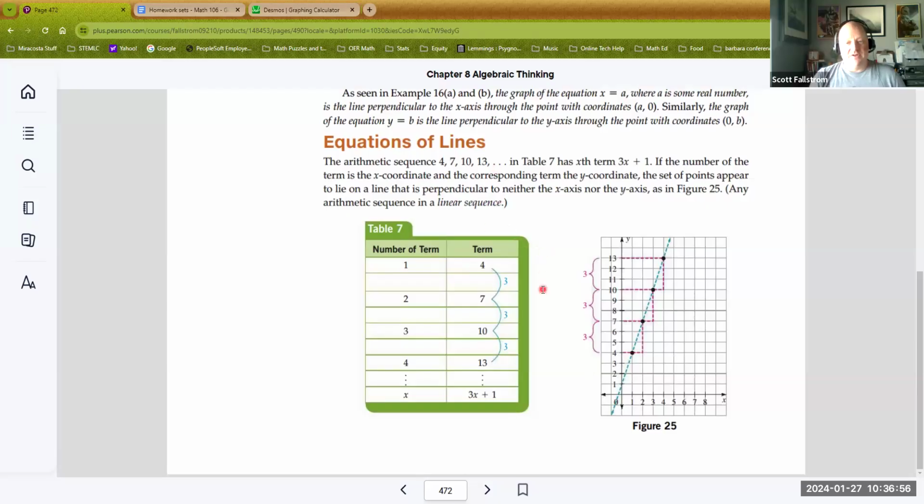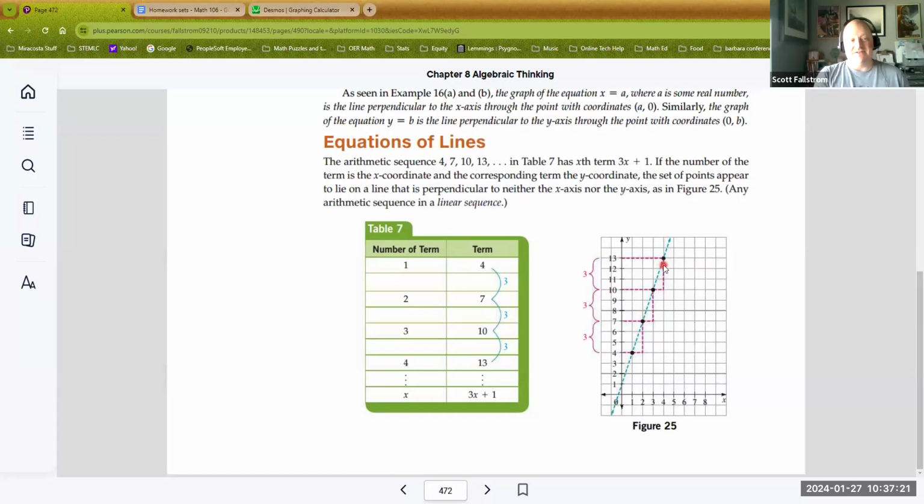When you get an equation of a line, this is very similar to what we did with arithmetic sequences. And with arithmetic sequences, we came up with an equation. That equation visually demonstrates the slope of the line, which is the increase in y value or output for every unit increase in the input. So if the input goes up by 1, you're going to go up by 3.